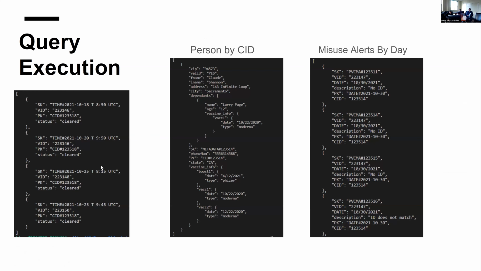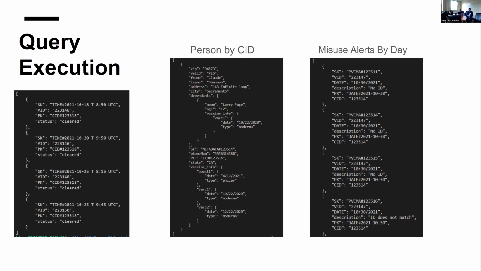So here are just a few screenshots of our query execution to see what the data looks like in our DynamoDB database. To the very left is just our request for a given person. So we have 3 or 4 requests there. The middle is extracting a person's information.